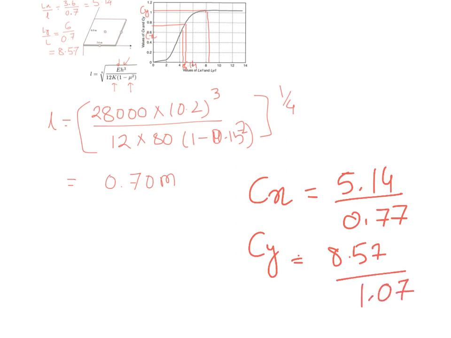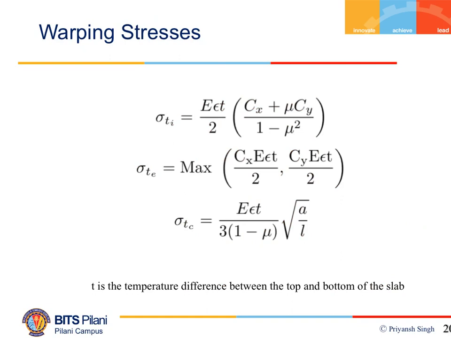So we have to take the values of 0.77 and 1.07 as the value of Cx and Cy. Now in this formula, Cx and Cy are estimated.